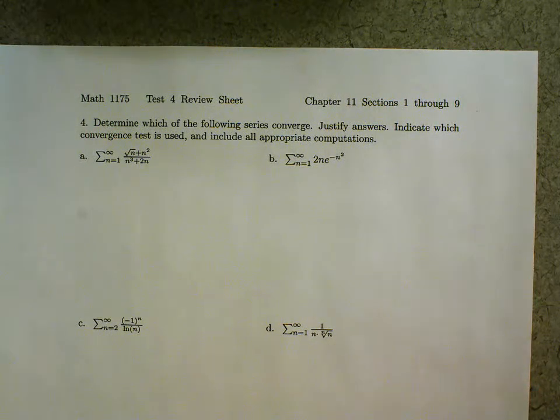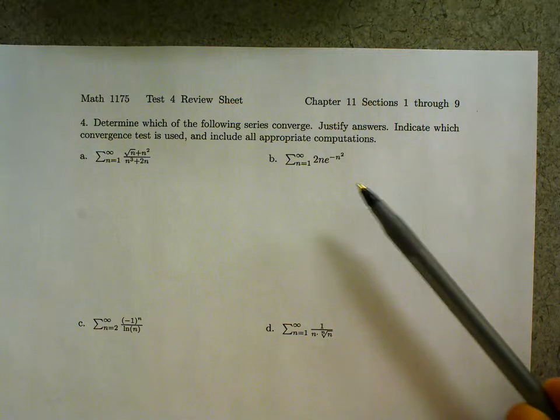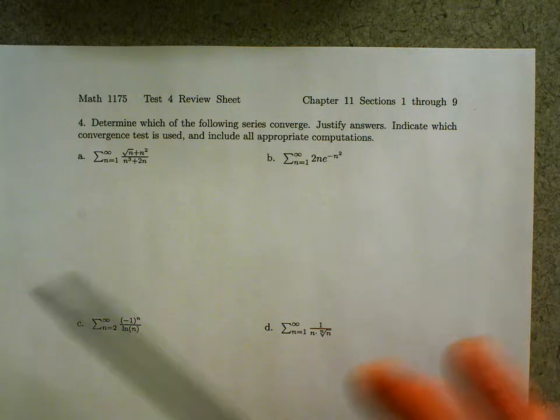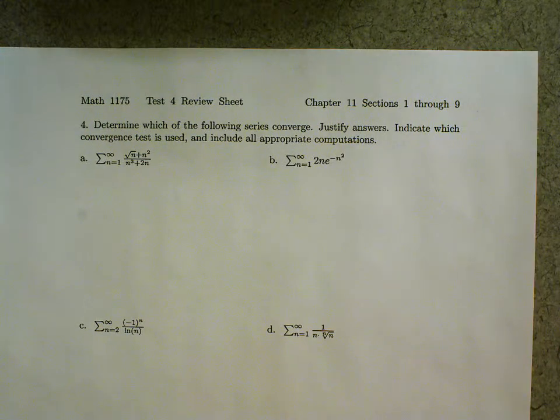So this is sort of what you'll want to be able to do for test 4 on Friday. If all you say is that a series converges without any justification or with no computations, well, you might get a point or 2 if you're correct.